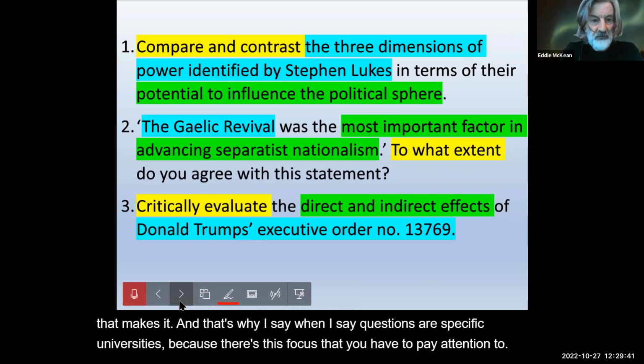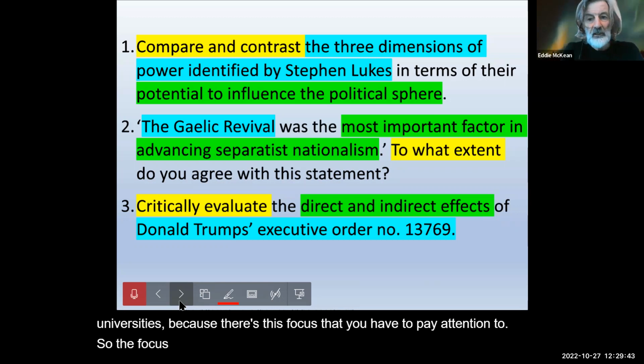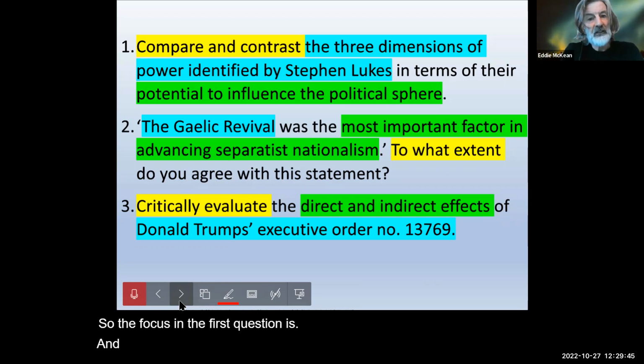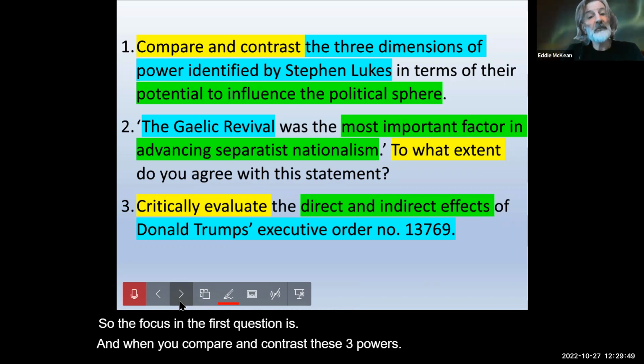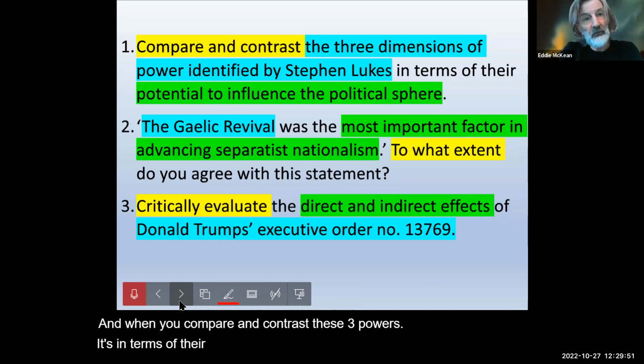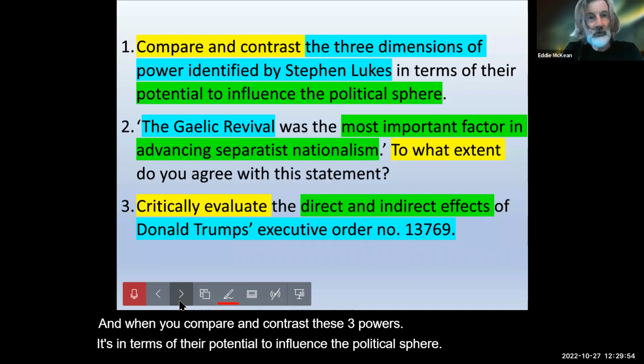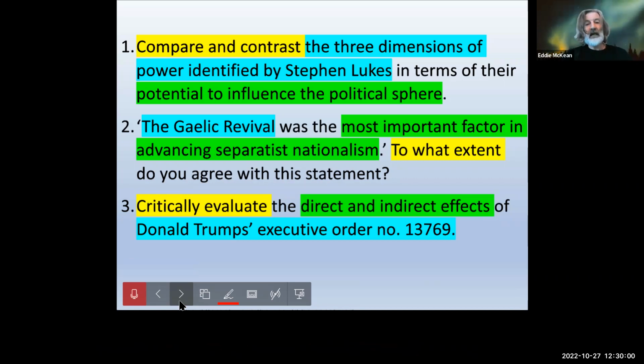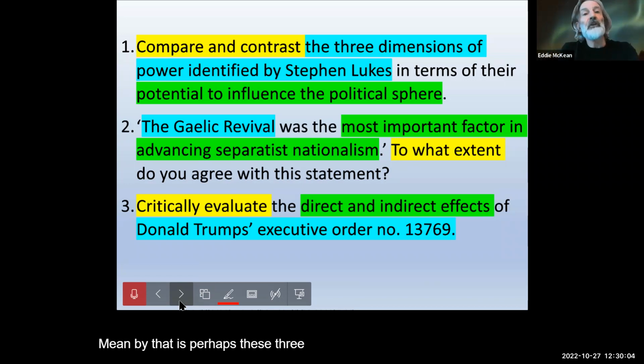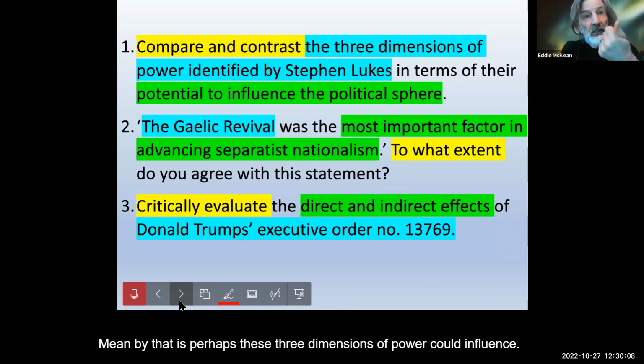So the focus in the first question is, when you compare and contrast these three powers, it's in terms of their potential to influence the political sphere. That's all you're talking about. You're not comparing or contrasting with anything else. What I mean by that is perhaps these three dimensions of power could influence the economy.